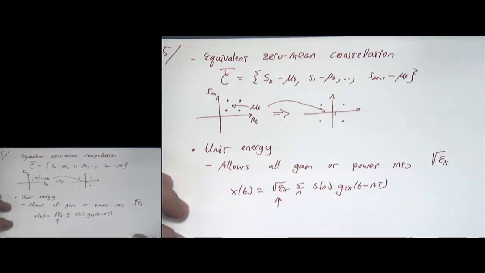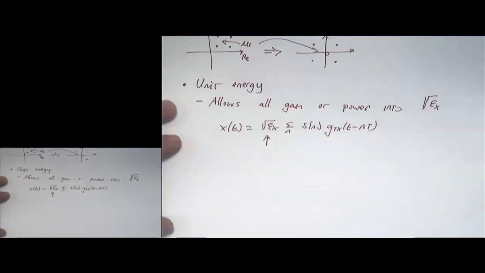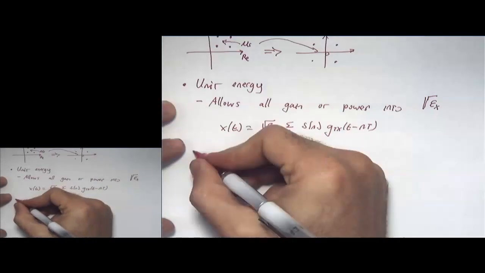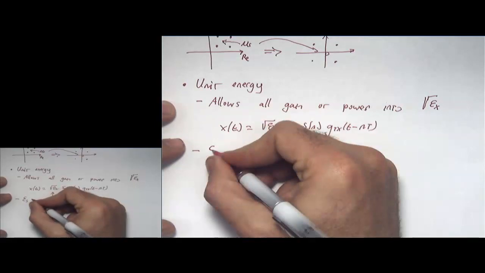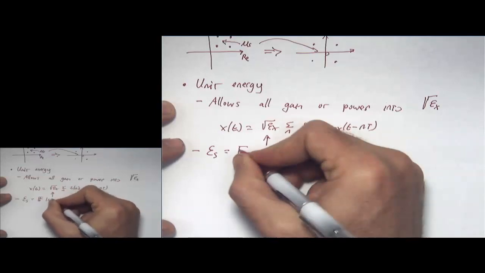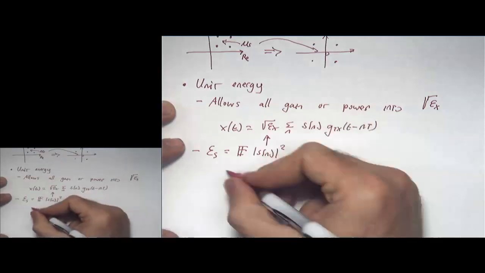So for the unit energy assumption, essentially what we need to do is, first of all, let's look at the definition here. I call this E of S. So the energy of a constellation is the expectation of S of n magnitude squared, everything magnitude squared because it's complex.